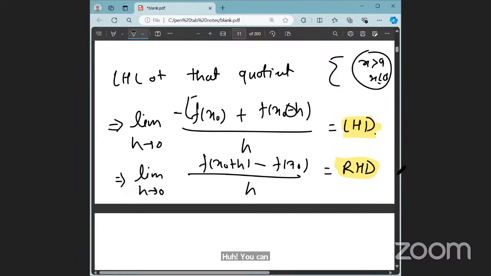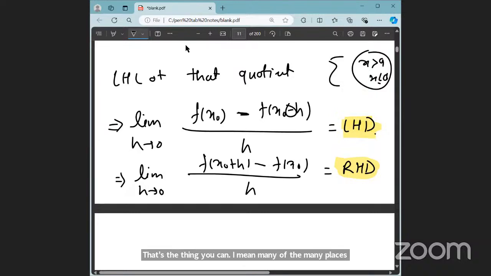You can, I mean, in many places they wrote it in this fashion only, because they take f of x naught as a certain thing. First we do f of x naught plus h minus f of x naught, and then for the left-hand derivative we do f of x naught minus f of x naught minus h. That's why I wrote it.